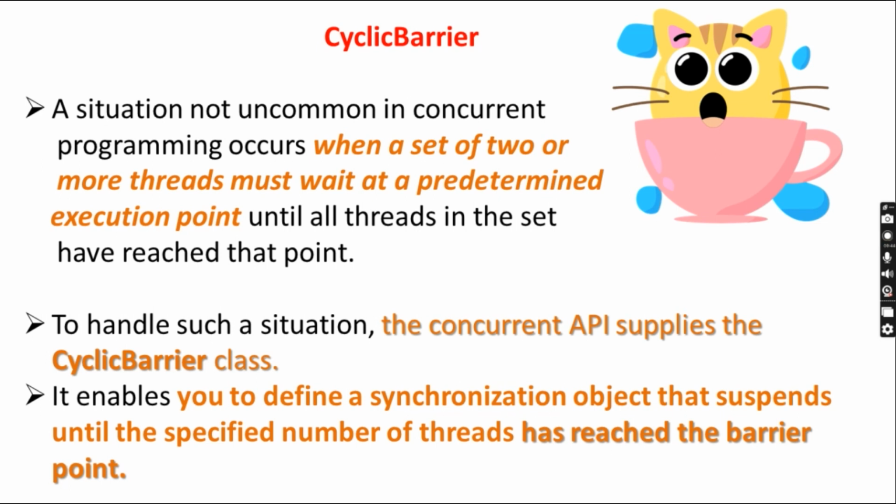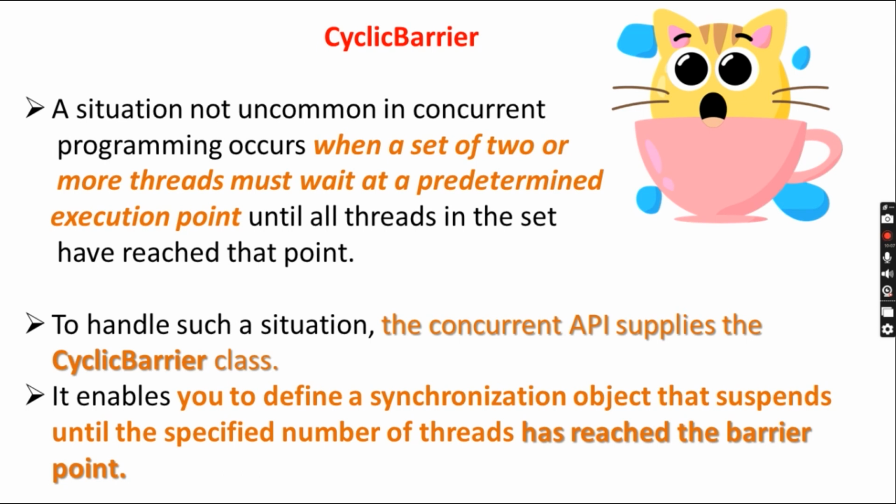To handle such a situation, the concurrent API provided CyclicBarrier. It enables you to define a synchronization object that suspends until the specified number of threads has reached the barrier point.